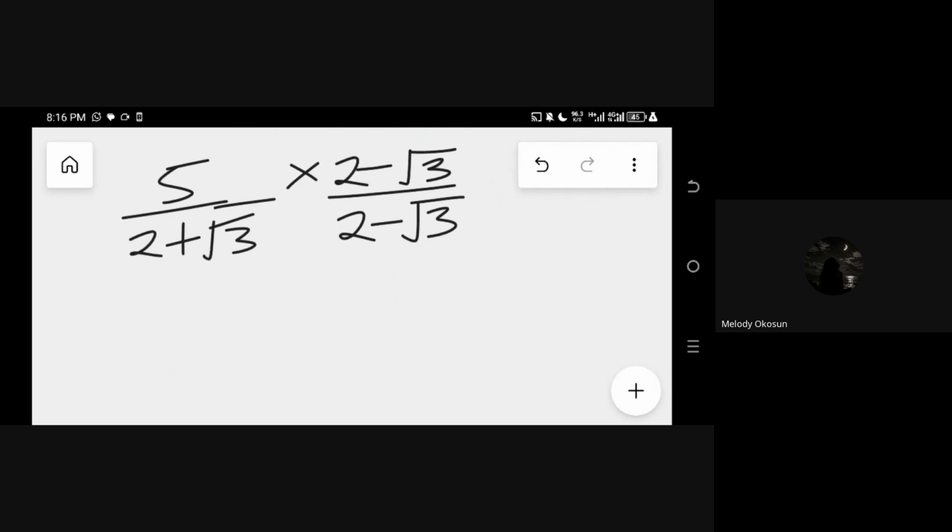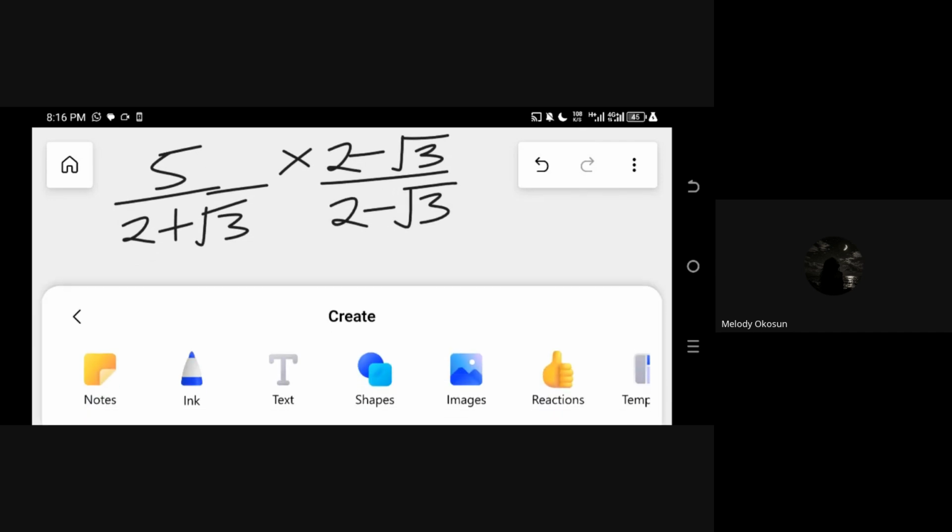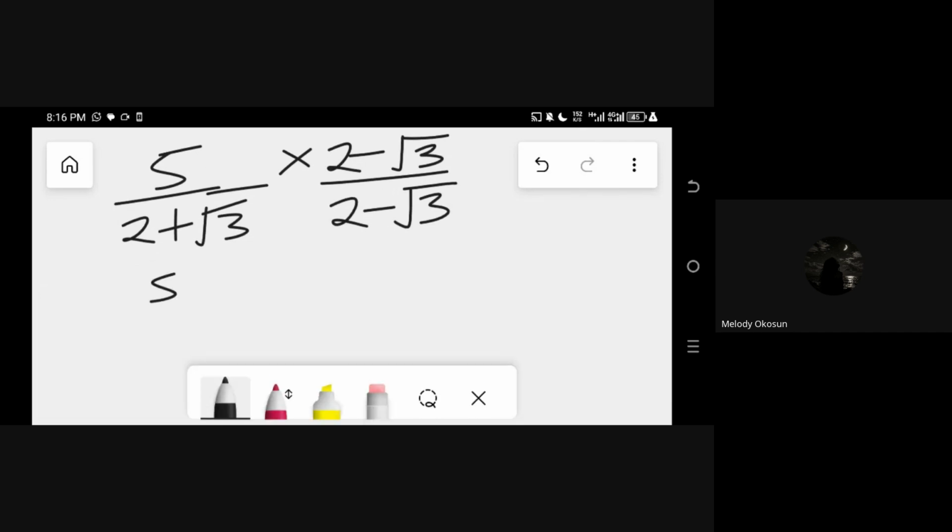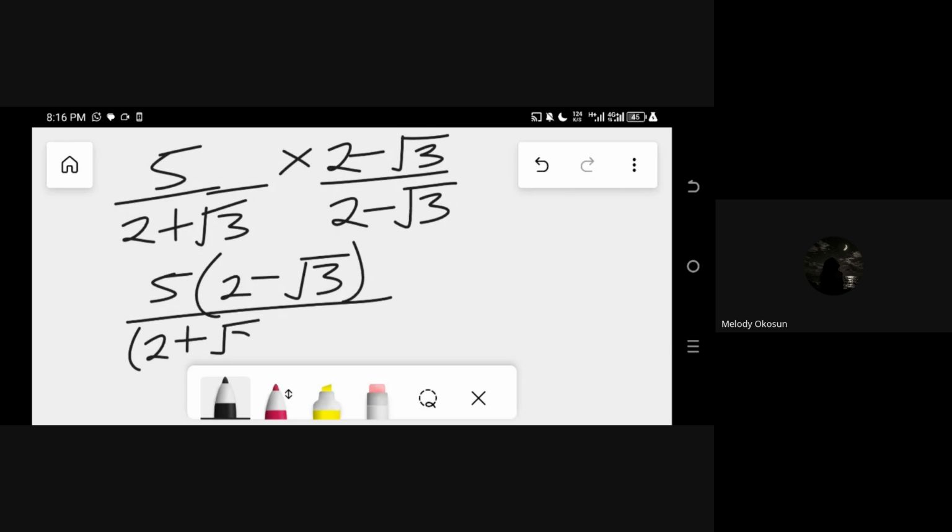So we'll have 5 bracket 2 minus root 3 over 2 plus root 3 bracket 2 minus root 3.